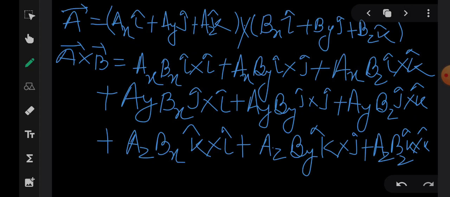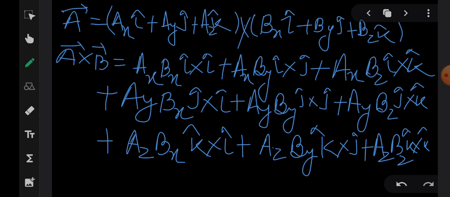Now, if the vectors are given in the form of components and we have to find out their cross product, then what is to be done? Same fashion, take the first term and multiply it with all the three terms of B. So AX, BX, scalar is multiplied, then vectors i cross i, AX, BY, i cross j, again AX, BZ, i cross k.